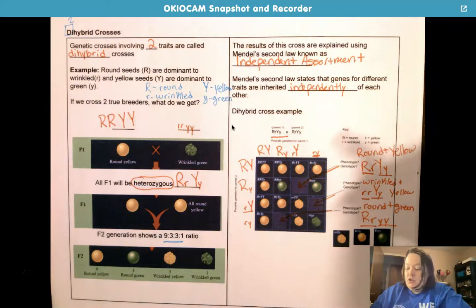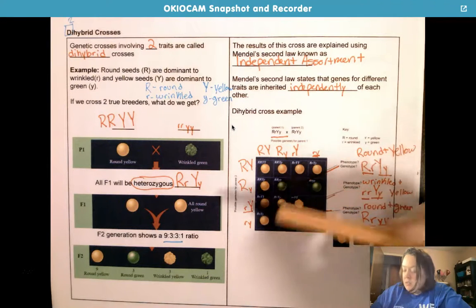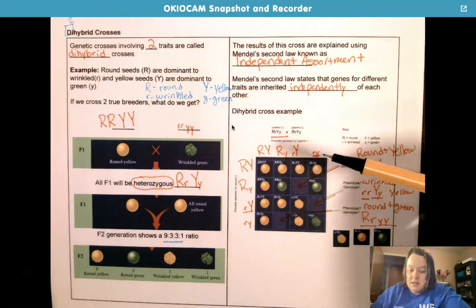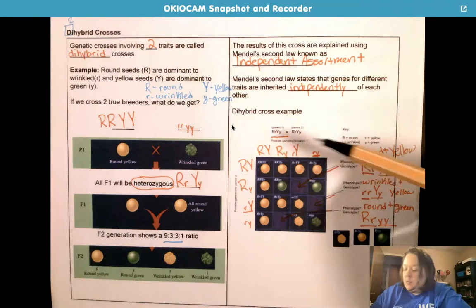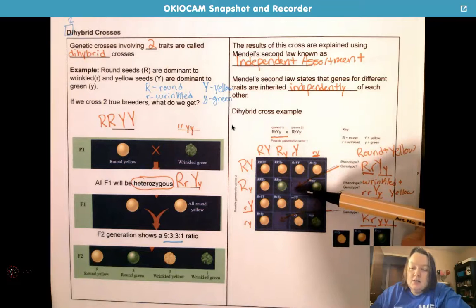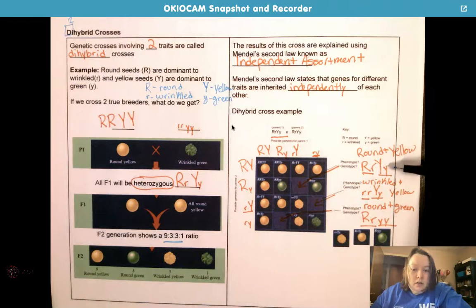You might be asked to identify the genotype of the offspring once the square has already been set up and given to you. So in this case, any square you get will already be set up. You just need to know how to fill in the boxes. You'll also need to know how to figure out the phenotype of the offspring. So if I was to give you the letters here, you would need to tell me what it's going to look like, given a key.